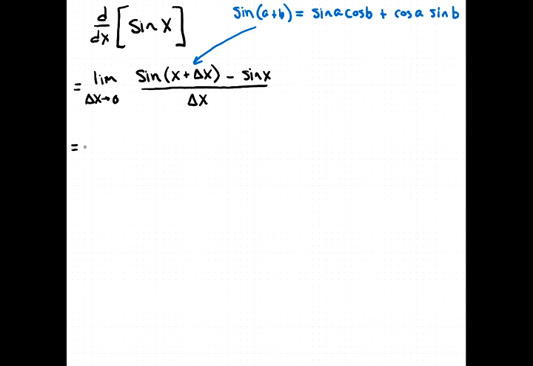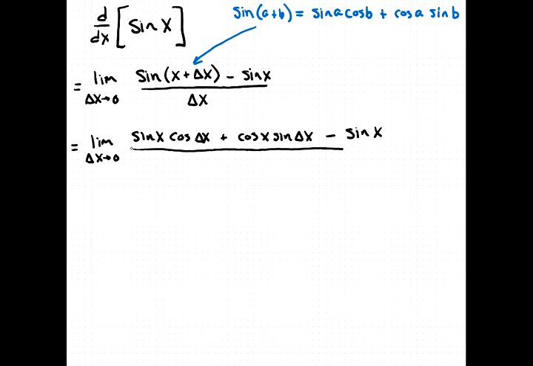So that should equal the limit as delta x approaches 0 of the sine of x times the cosine of delta x plus the cosine of x times the sine of delta x. Okay, so that's the sum formula for the sine function. And then we have this minus sine of x here. And this is all over delta x.